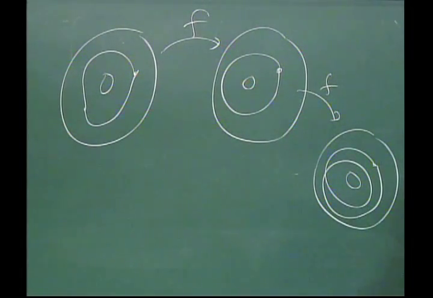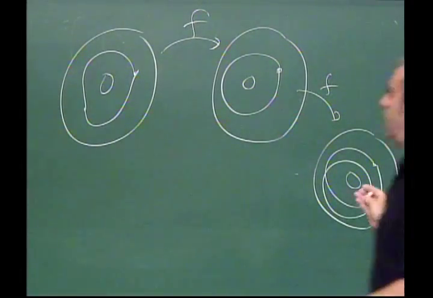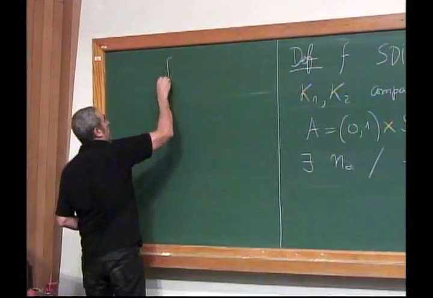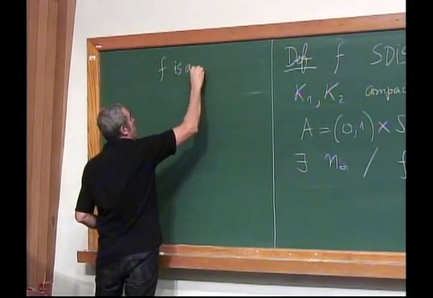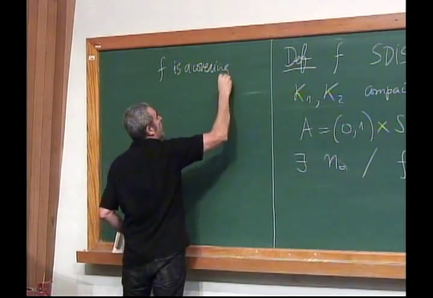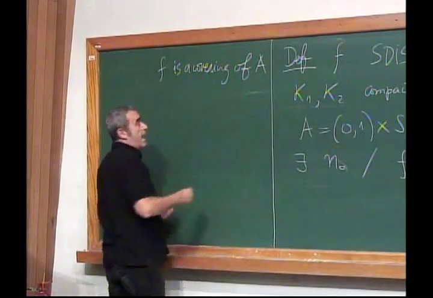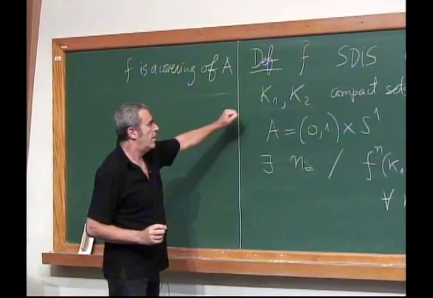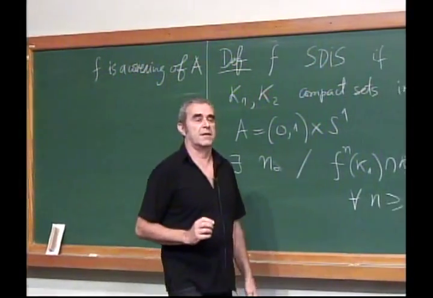I will give another definition here. From now on, the hypothesis is that F is a covering of A, where A is an annulus, and F is a covering of A of degree d different from 1 and minus 1, okay? There is no attractor in this setting.